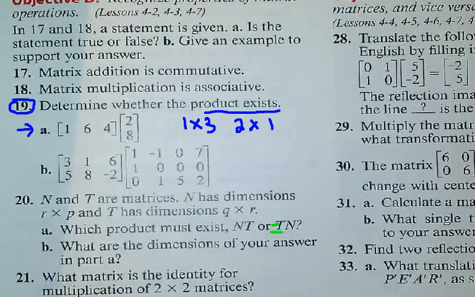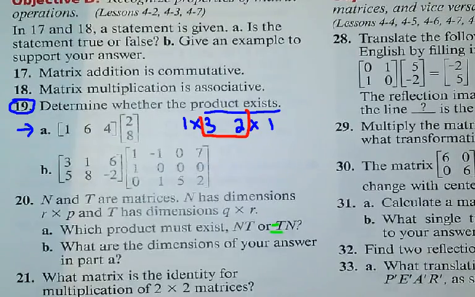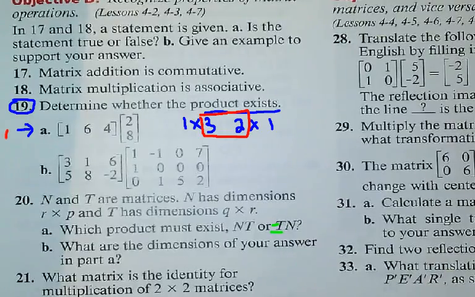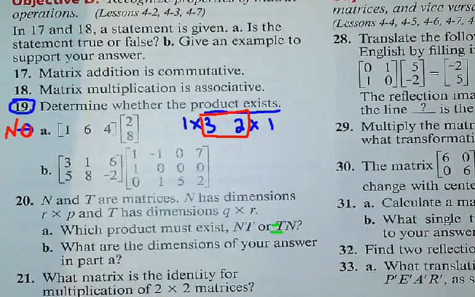So if we look at these, we can see that this multiplication is not possible. The reason it's not possible is these two numbers are not the same. So this one is a no way. No, can't do it, right?